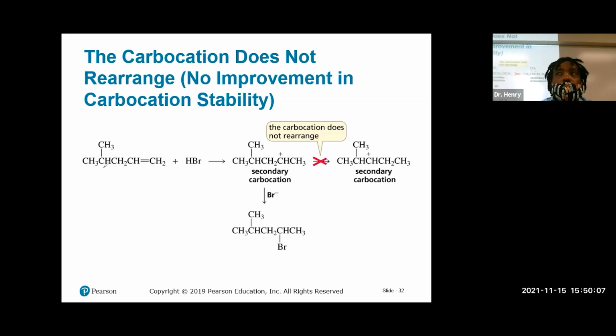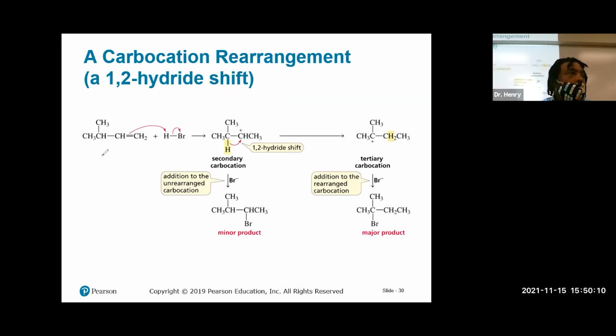There's no tertiary carbon. There's no tertiary carbon here either, right?